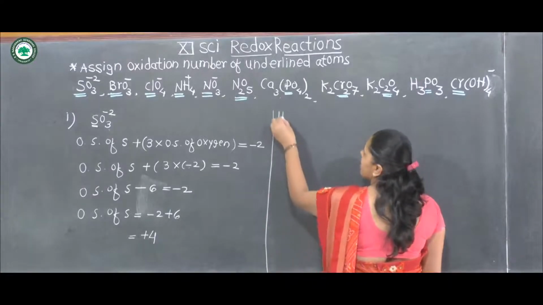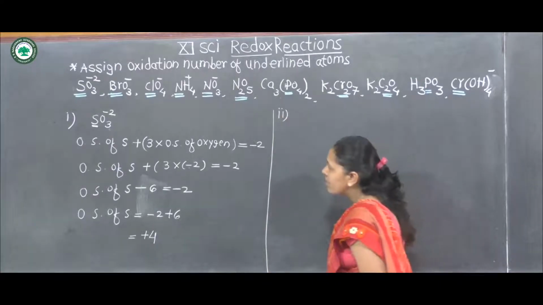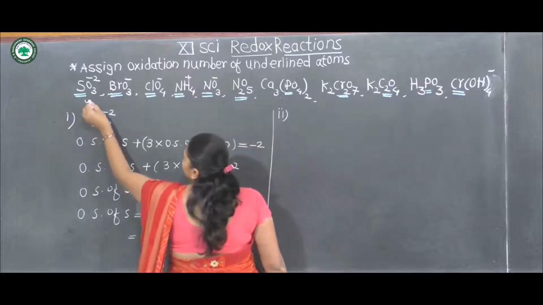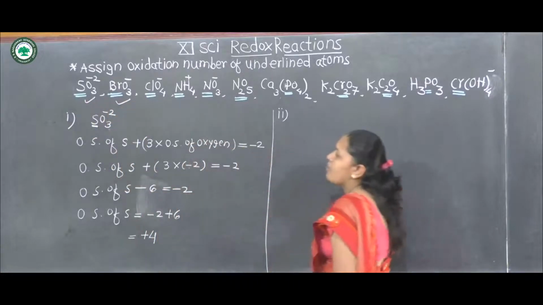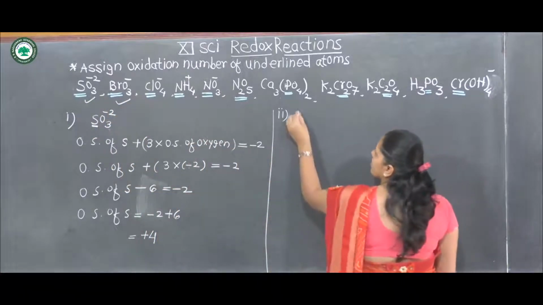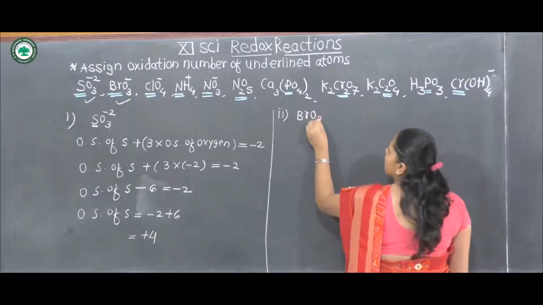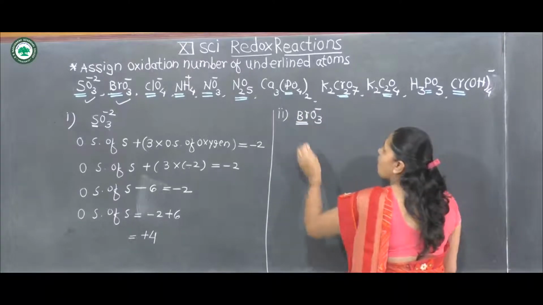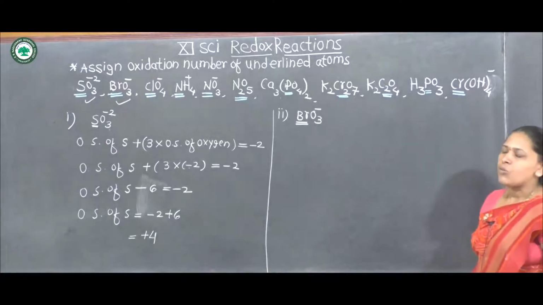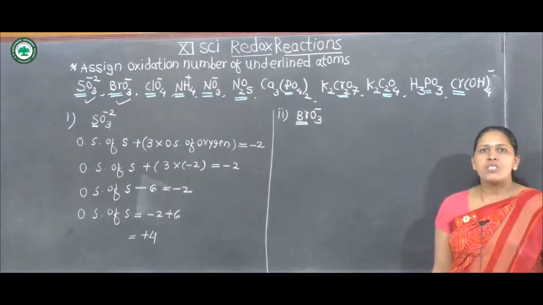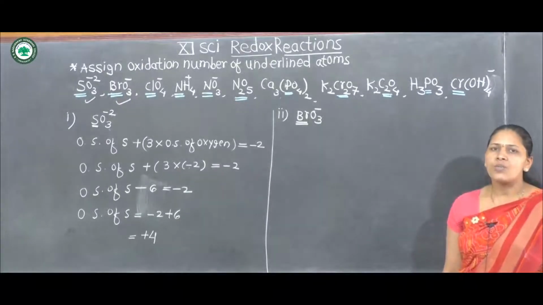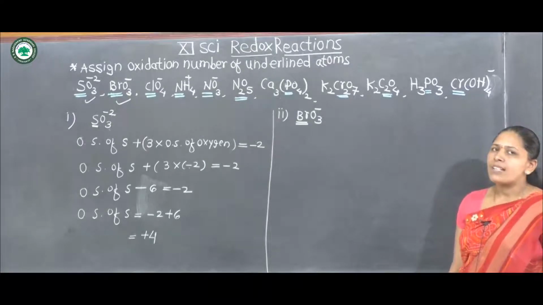Then in the second example, BrO3 minus. In this we have to calculate the oxidation state of bromine. We know that halogens, bromine being a group 17 element, show -1 oxidation state.